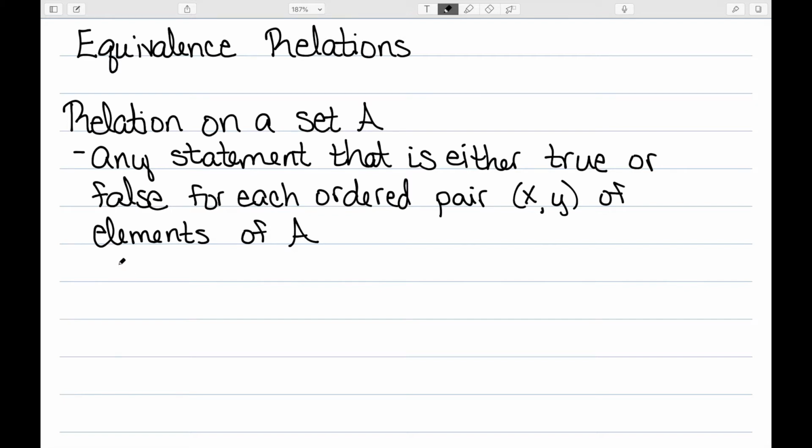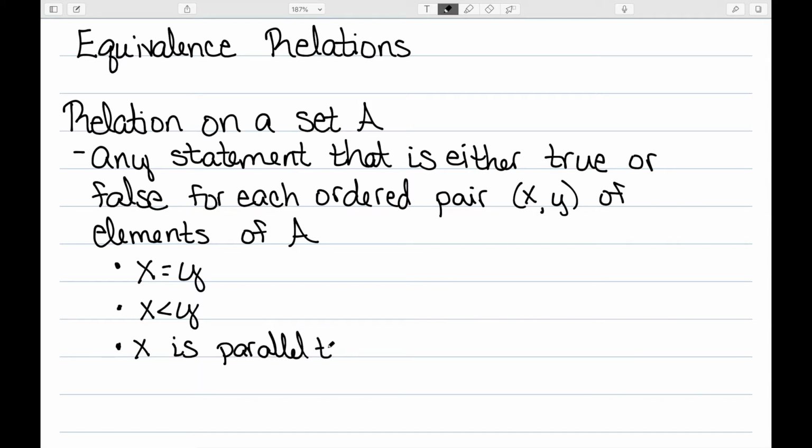Examples of relations on appropriate sets. We could say x equal to y is a relation. If you give me an ordered pair, this is either true or false. We could say x is less than y. If our set is a set of lines, we could say x is parallel to y.